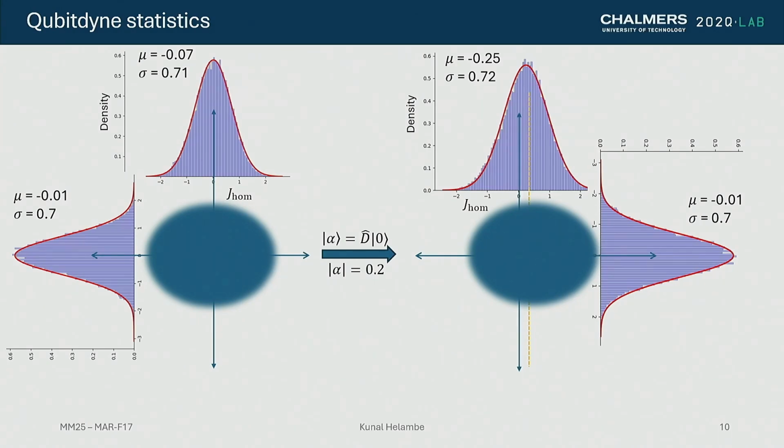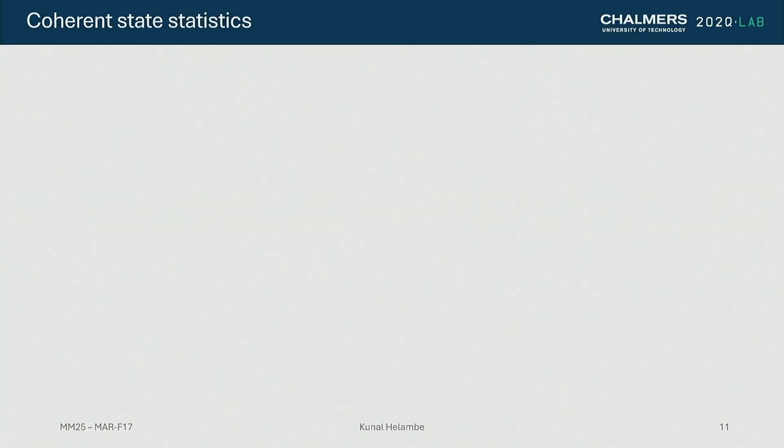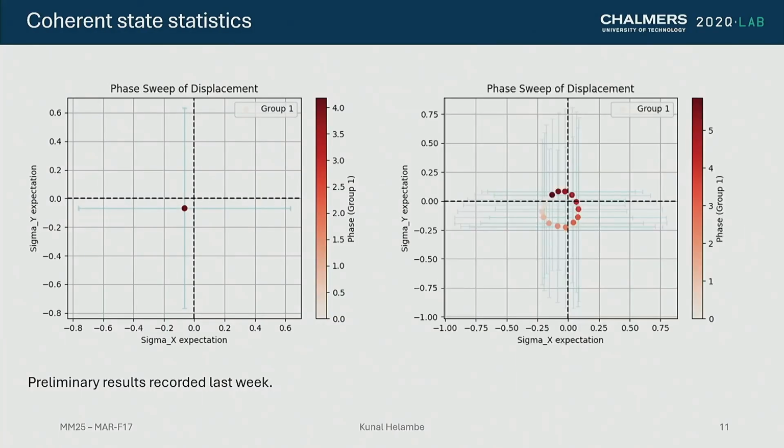Now, this might just be error in how you are collecting, but we don't stop there. We do sweep the angle of this displacement and try to see where our protocol lets us measure the coherent state. And the circle here indicates that it does indeed follow how we are displacing the state and taking the measurement of it.